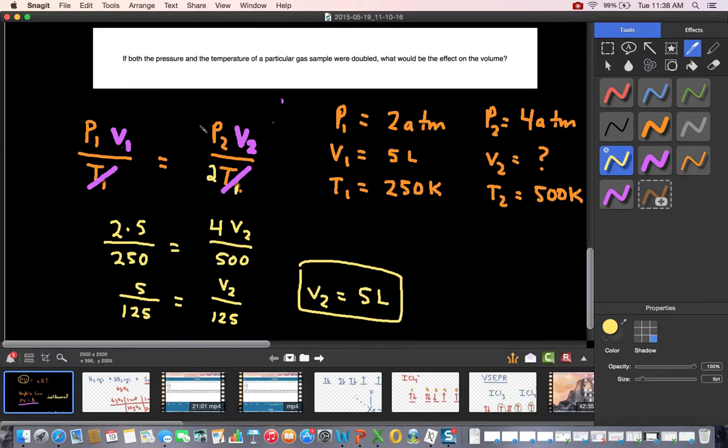P2 is 2 times P1. And so it is the 2 P1s that cancel. And 2 over 2, those also cancel. What do I get? V1 is equal to V2. There is no change in volume.